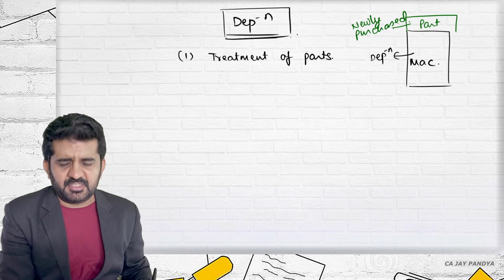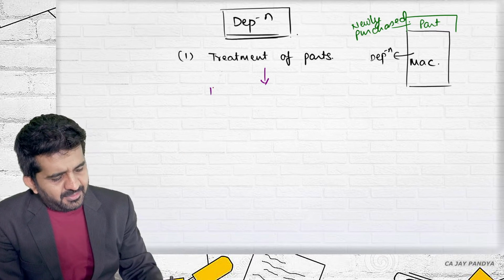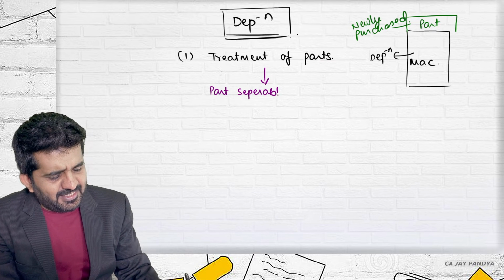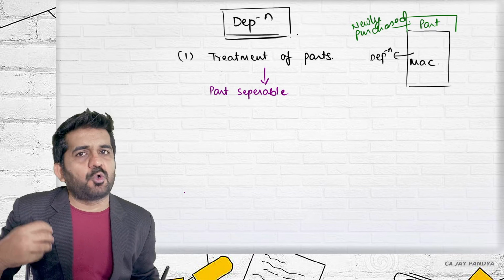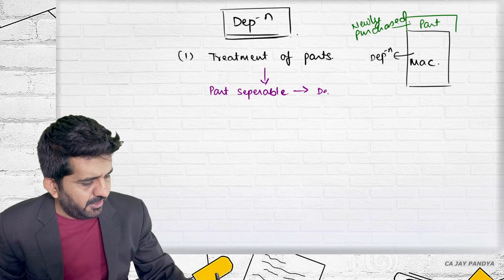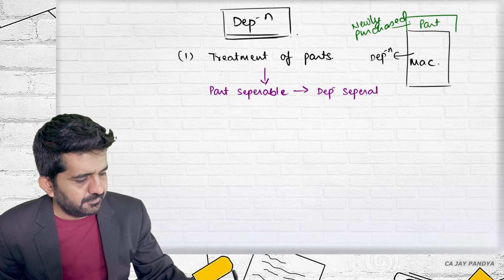A simple concept of AS10 says if the part is separable, and in this case it will be separable, because you purchased it afterwards and the cost of the part can be determined, it should be depreciated separately.